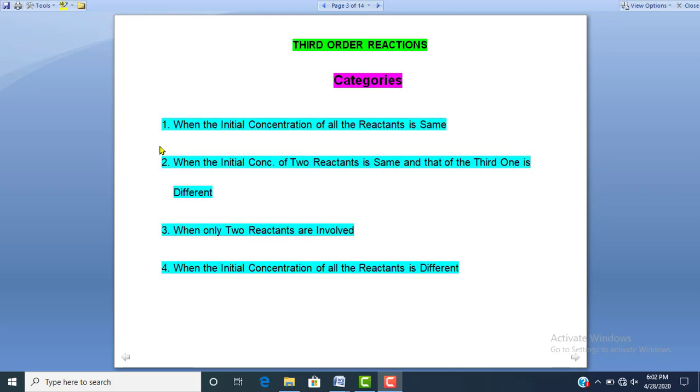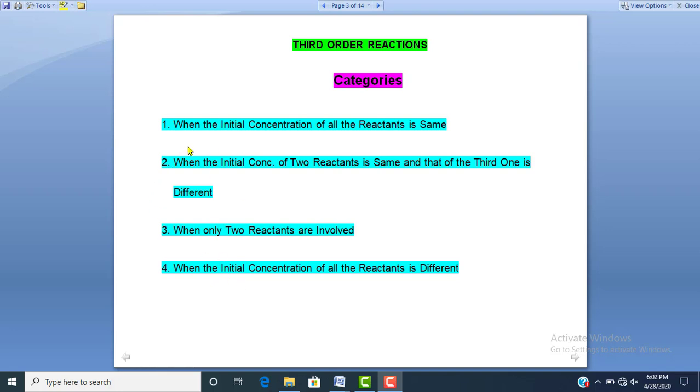Dear students, in my previous lecture, I told you that third order reactions are those reactions in which the rate of reaction depends upon the concentration of three reactants. Depending upon the initial concentration of reactants, third order reactions can be categorized into four categories.